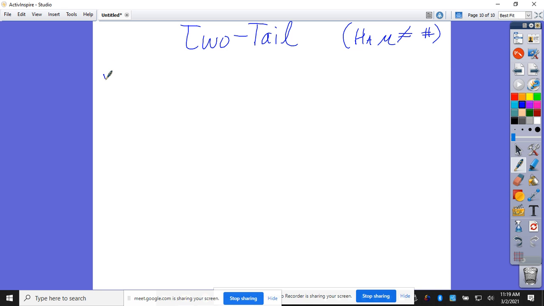Let's go straight to do. Oh, this is bottles of cola. Okay. So, what is the claimed mu? 300 milliliters.